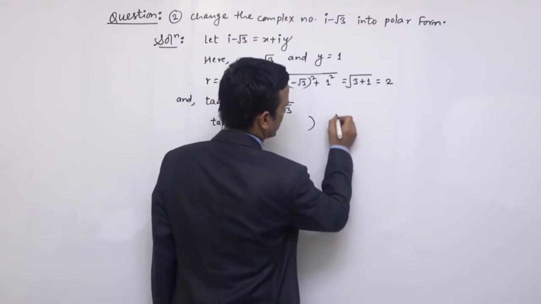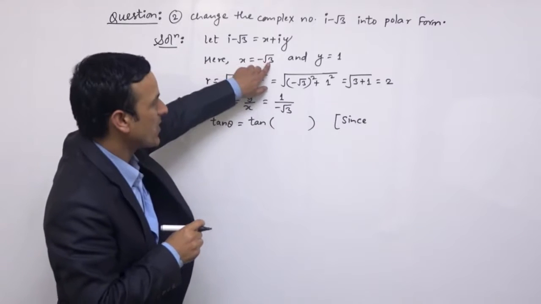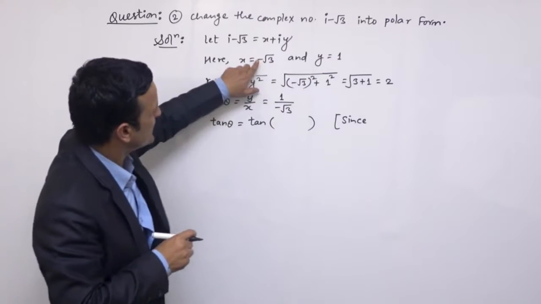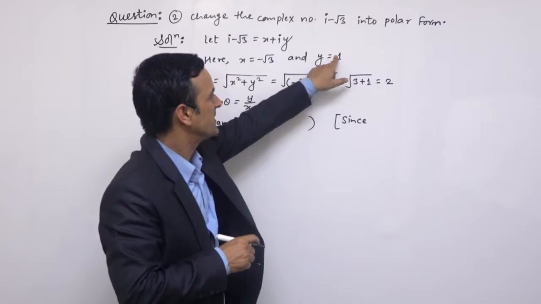So here, if you look at the value of x and y, the sign of x is negative and sign of y is positive.